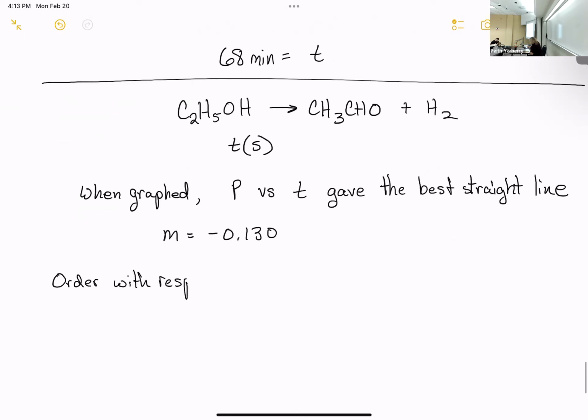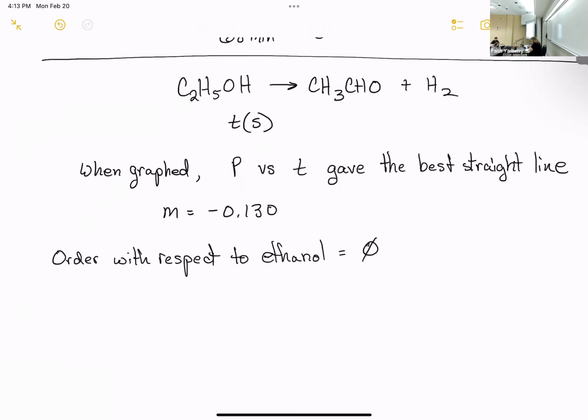Zero. It is 0, because it was pressure versus time or concentration versus time. So we know it was 0.